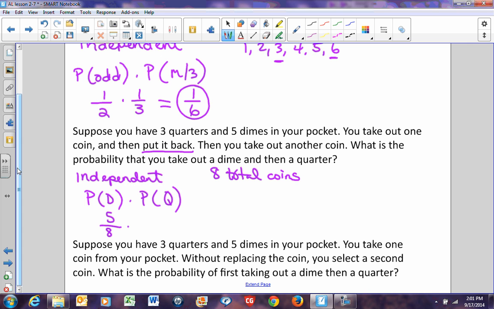The probability of pulling out a quarter, there are 3 quarters, would be 3 out of 8. And we simply multiply straight across the top, straight across the bottom. The probability of a dime times the probability of a quarter is 15/64. And we cannot reduce that, so that is the final answer for this particular problem. So that's the probability of a dime and then the probability of a quarter.